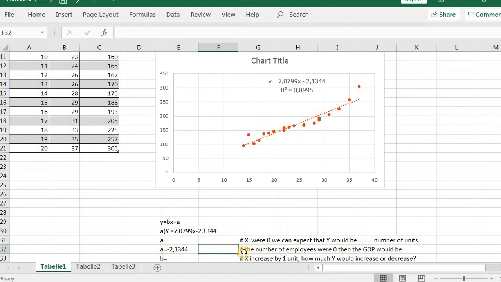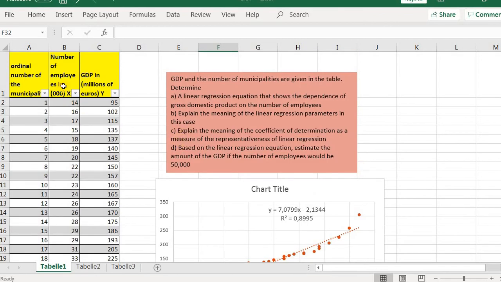Okay, what does it mean? First of all, we need to know what is X, what is Y. In our case, X is the number of employees and Y is GDP.